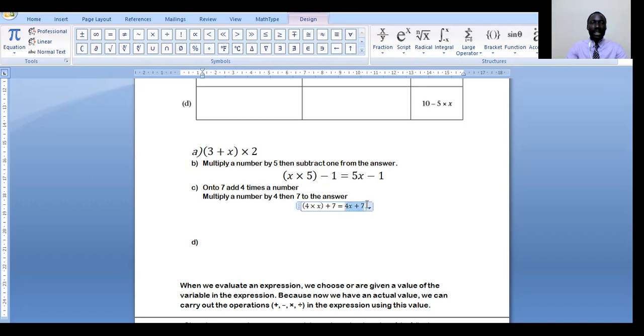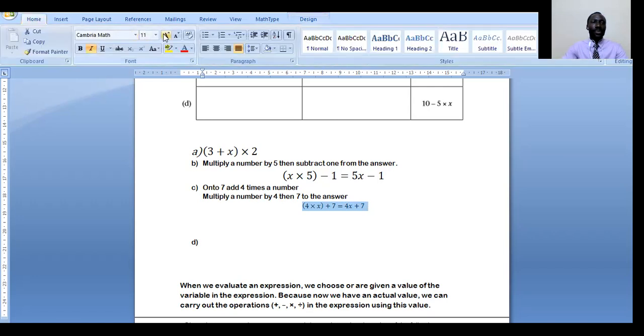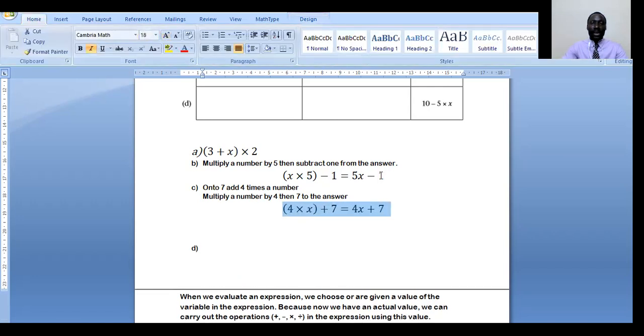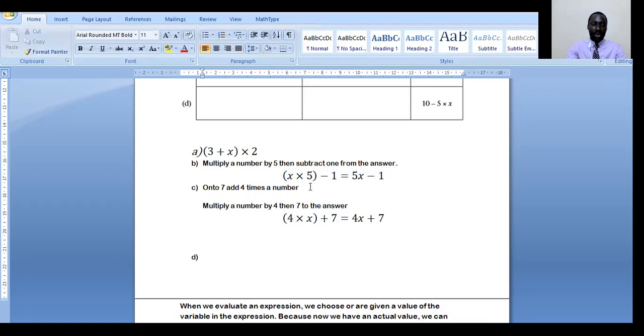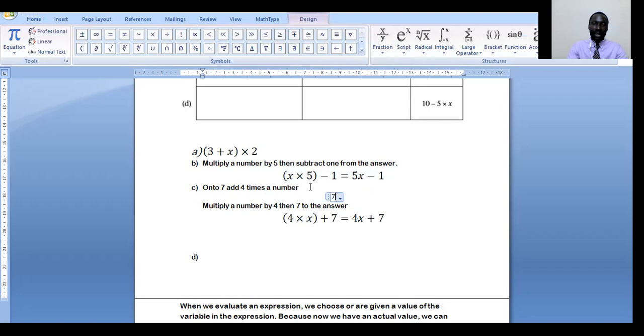Now, notice that the upper one, that onto 7, add 4 times a number. Mathematically, we would like to have it as onto 7, 7 comes first.